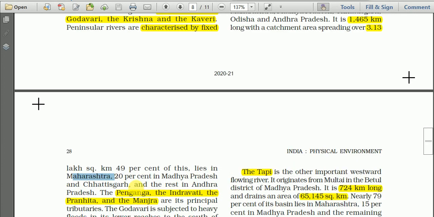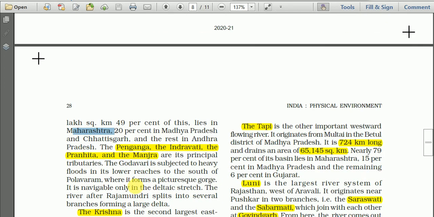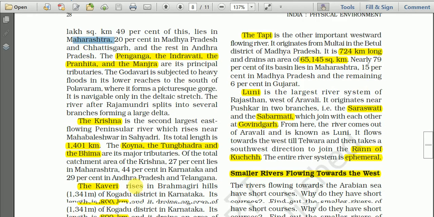This is about the distribution of this drainage area. Remember, the size of the catchment area is 3.13 lakh square kilometer.